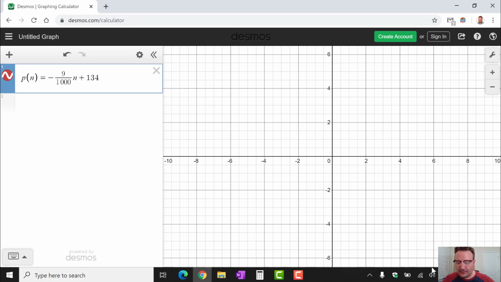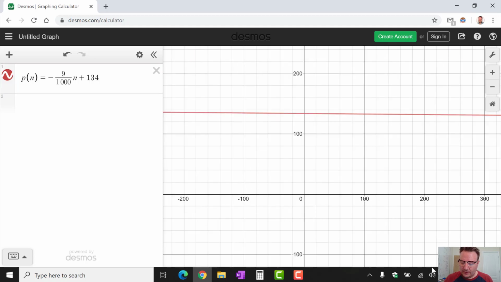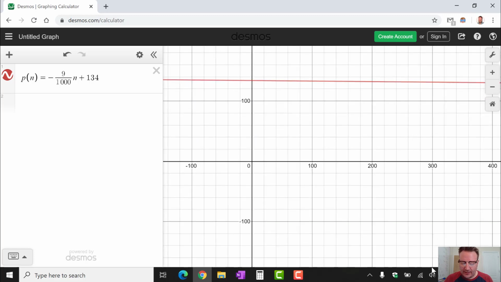Okay, let's see. Now I saw some stuff appearing in the graph area over here, but then it kind of disappeared. I think that's because I've got a really small number there for the slope. So let's see if I zoom out. Oh, there we go. I see the graph now, that red line.